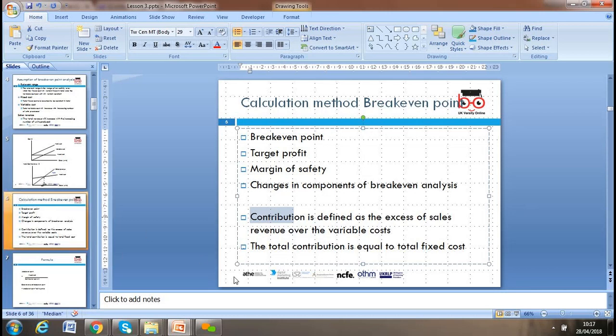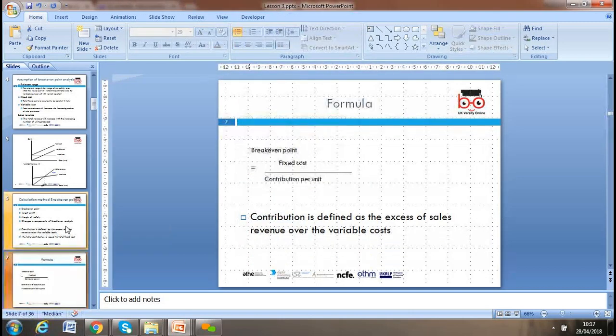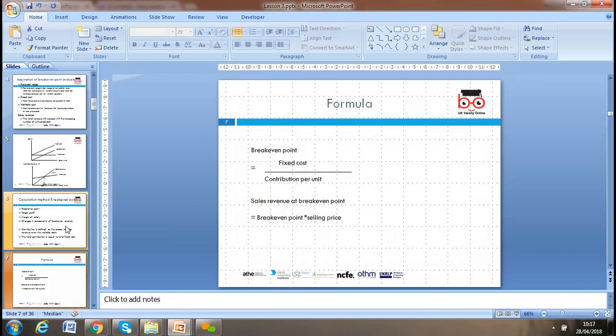So which we'll go through. Total contribution is equal to the total fixed cost at break-even. Now the formulas. The first formula: break-even point is fixed cost divided by contribution. So when we need to find the break-even point, fixed cost divided by contribution is our break-even point, where there is no profit, no loss.